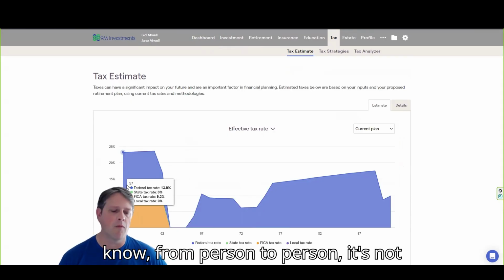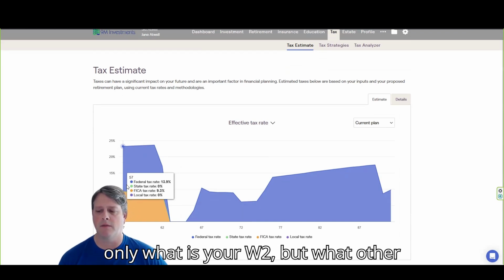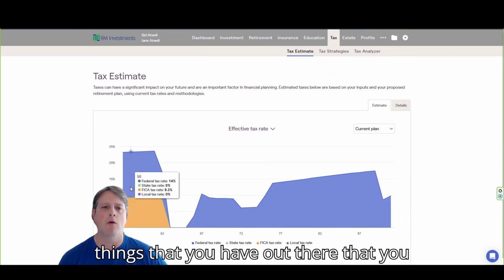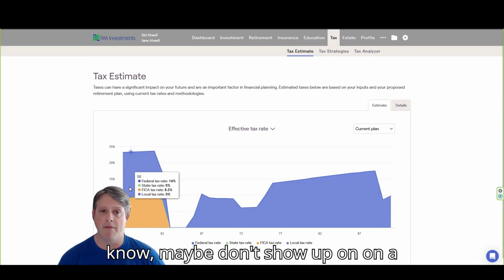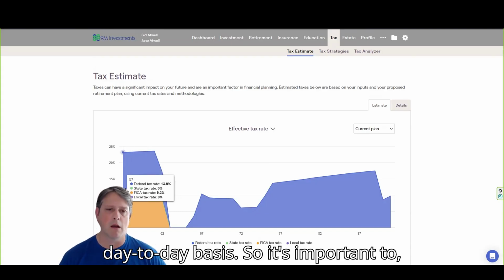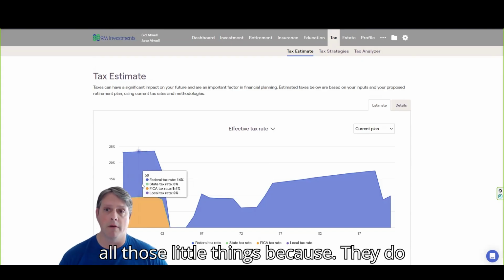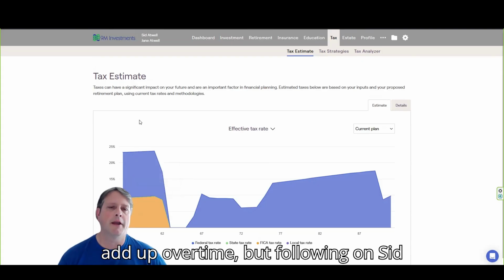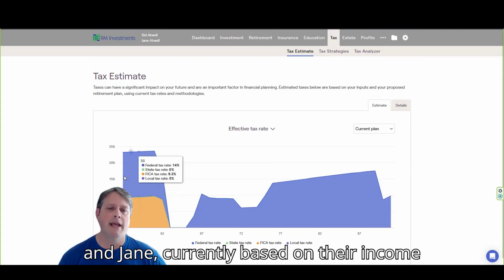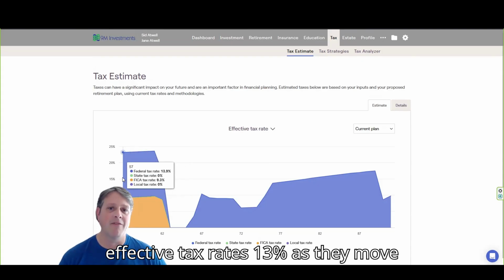But from person to person, it's not only what is your W-2, but what other things that you have out there that maybe don't show up on a day-to-day basis. So it's important to really make sure that you have all those little things because they do add up over time.